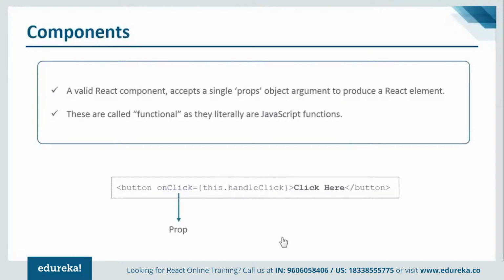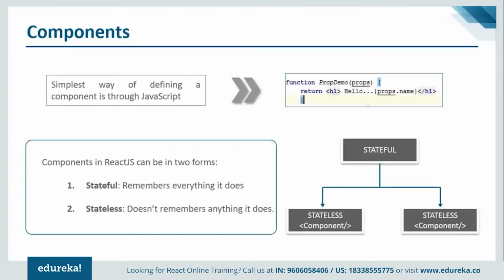So that's why these are called the functional components. In addition to this, we can simply define a component through JavaScript. As you can see, here we are creating one function which is named PropDemo. It is accepting one props and then it is returning one HTML representation. So this is how the components work.